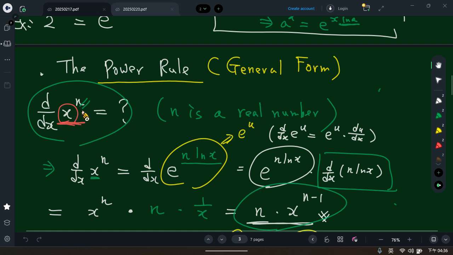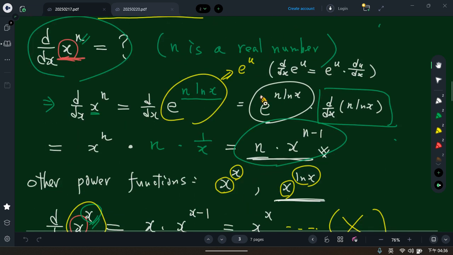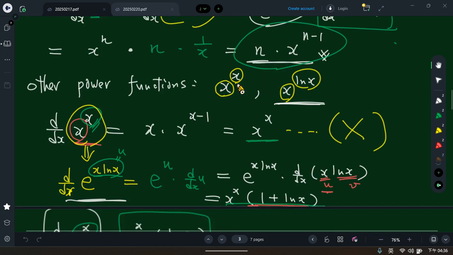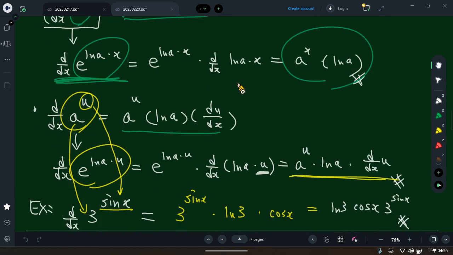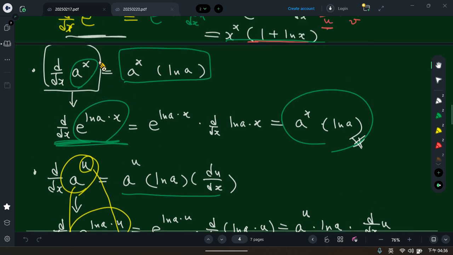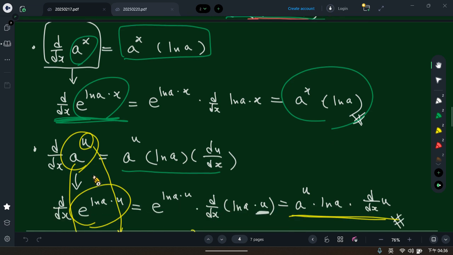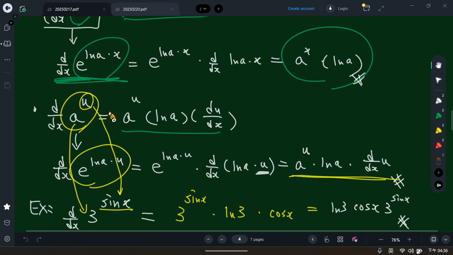We can extend the idea from n being a positive integer, and then finally reach a real number, not just a rational number. Then I also taught you how to convert it by using this one. We gradually extend a to the power of x to a to the power of u, where u is a differentiable function of x.